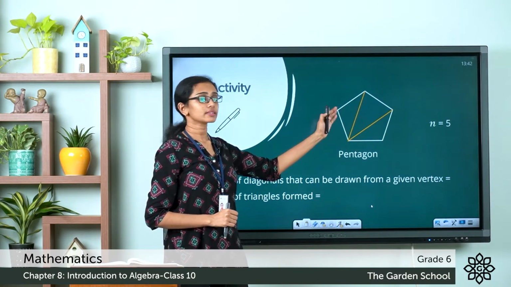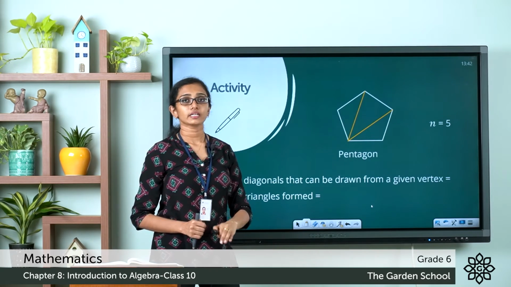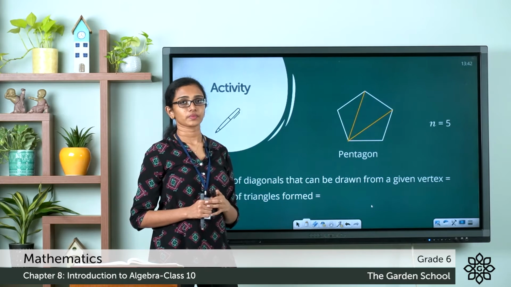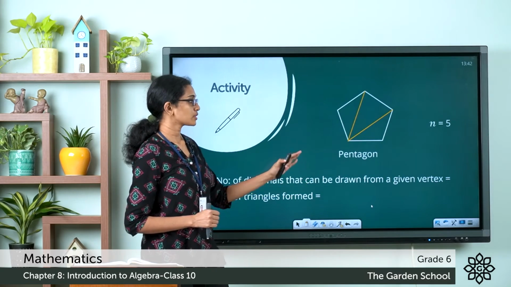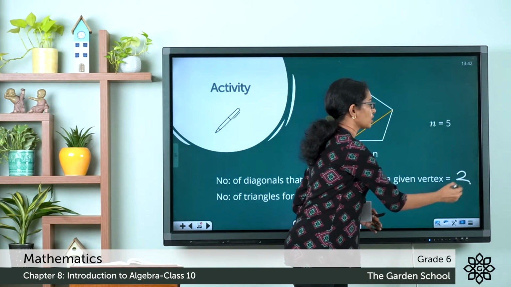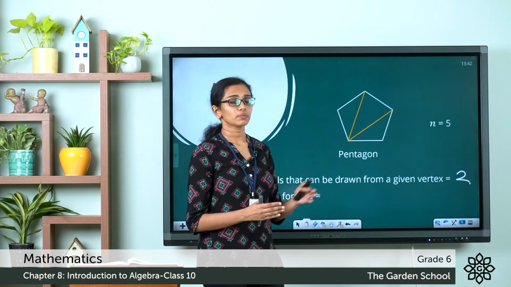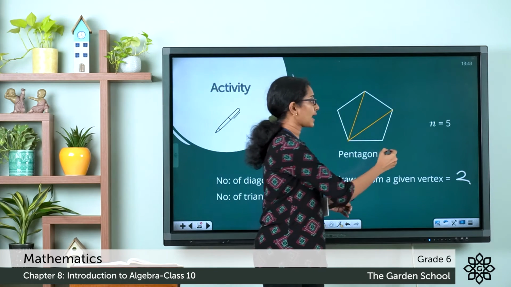You can try with the other vertices and you will see that you can draw only 2 diagonals from any given vertex. So the number of diagonals that can be drawn from a given vertex here is equal to 2. We had got an expression for the number of diagonals, and that was n minus 3.